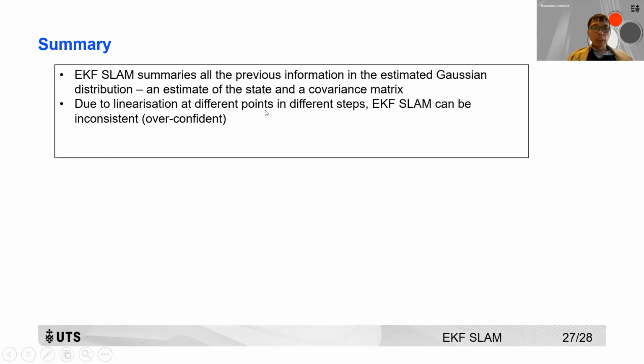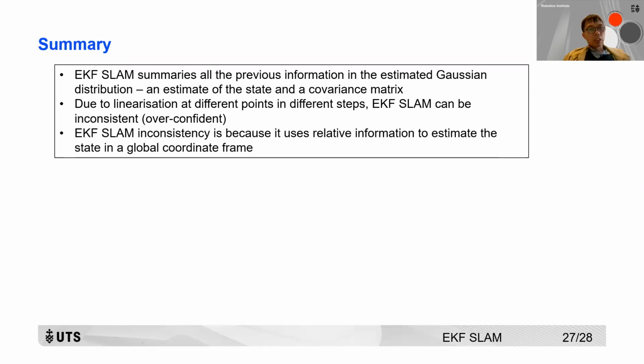So people say EKF SLAM inconsistency is because of linearization error, which is correct. But in our current paper, we talk a bit more about why the linearization error can make the SLAM problem not good, but for some other problems, like localization, it's still all right.